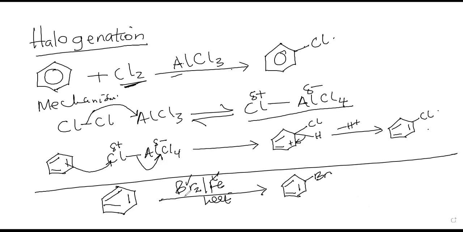You react iron with bromine, so your first step is bromine plus iron. You first form iron 3 bromide.